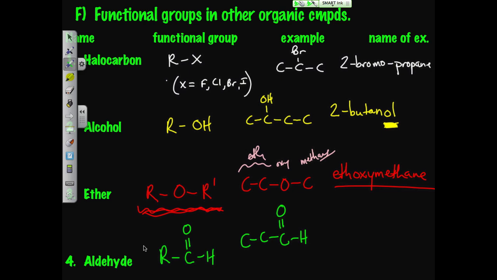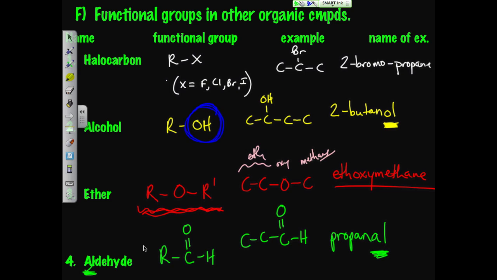To name this aldehyde, how many carbons in it? So propan, just like a propane, but because it's an aldehyde, it ends AL. So propanal, very similar to propanol, like an alcohol. Notice the difference here, folks.